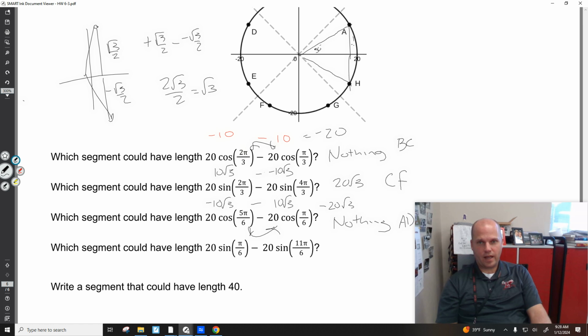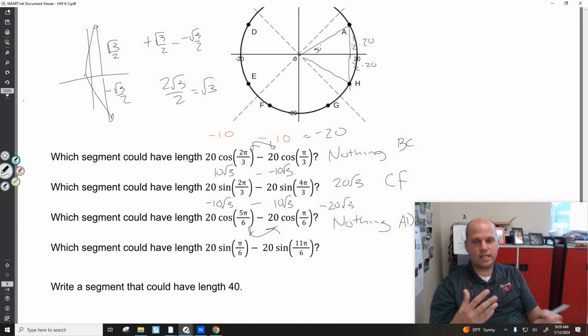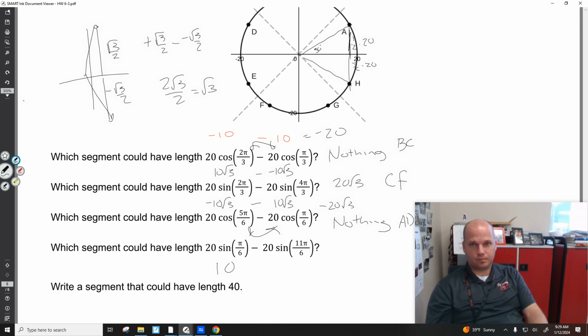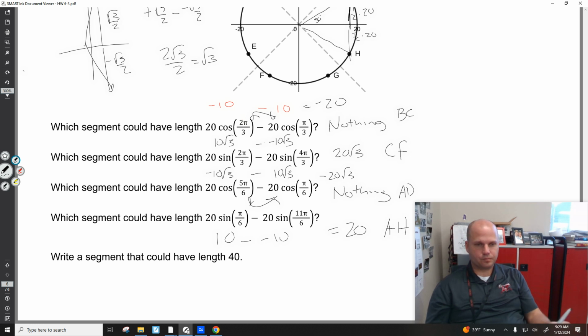This is going to be the 1/2. This is going to be a negative 1/2 multiplied by 20. Because I'm talking about sine, opposite, vertical. So 20 times the sine gives me 10. That's this length here. This is minus negative 10. I get 20. That's the vertical length of AH.